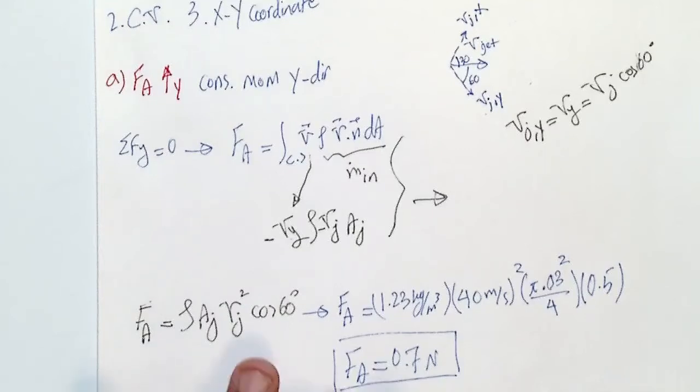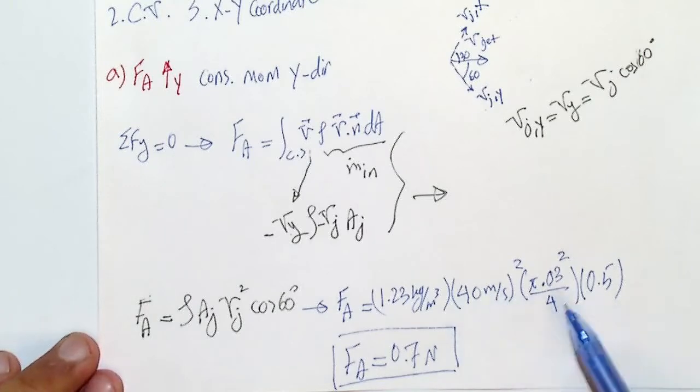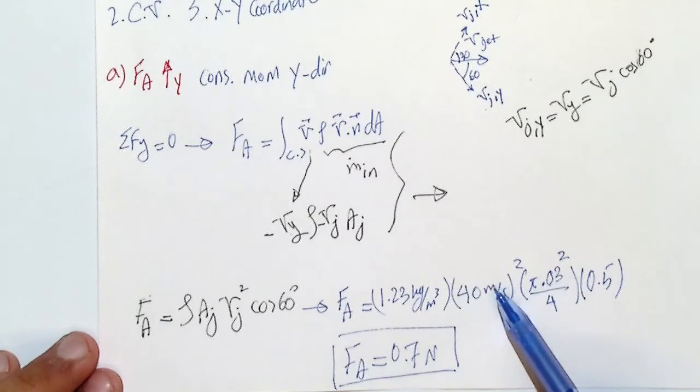So we found FA when the plate is stationary, right? Okay, so what else? I'll find out why I made a mistake. So meter per second here is to the power of 2, so it's meter to the power of 2 over second to the power of 2, and also you have meter square here. So finally you have meter to the power of 4 and second to the power of 2.